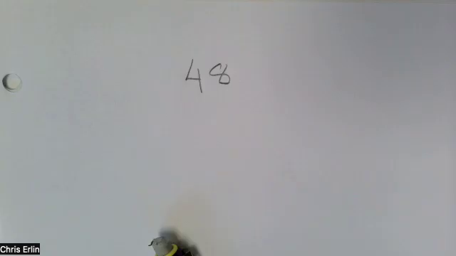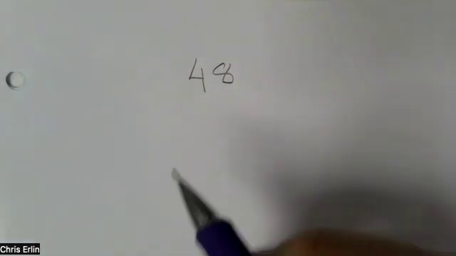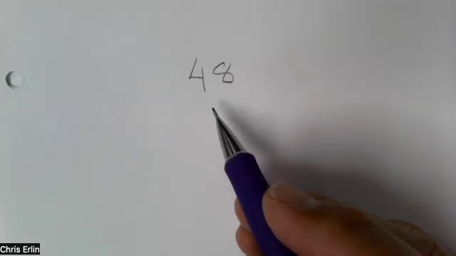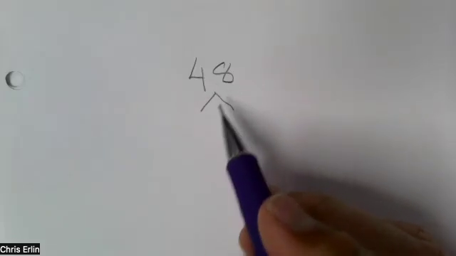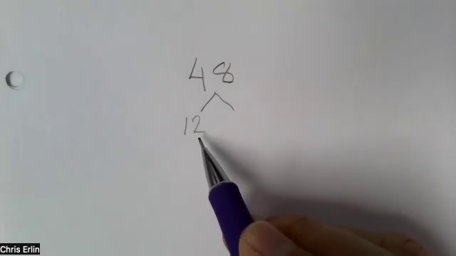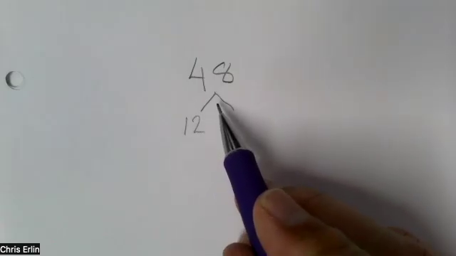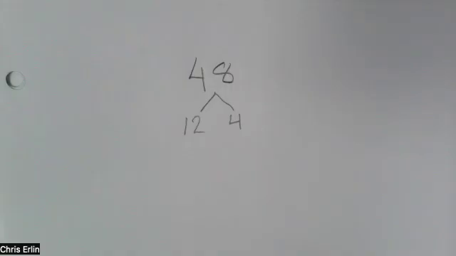Find what goes into 48. Okay, and pick something. What goes into 48? 12, okay? So when we do a factor tree, you'd say 12, and you'd figure out by dividing 12 into 48, right, what the division of it results in.